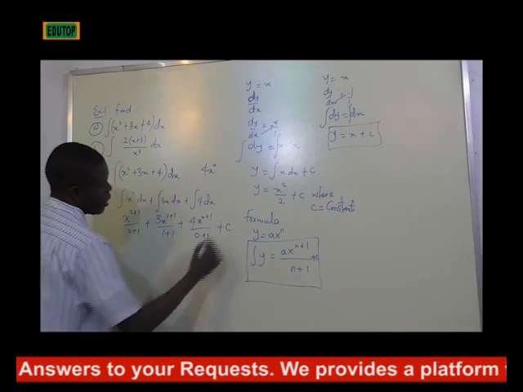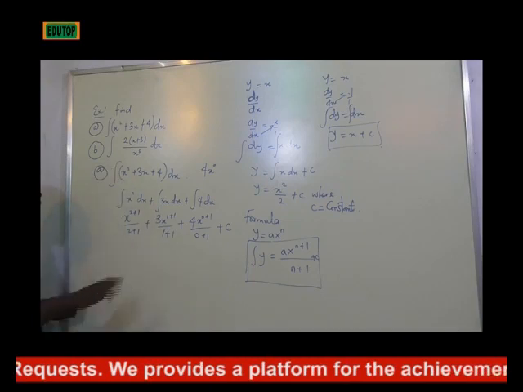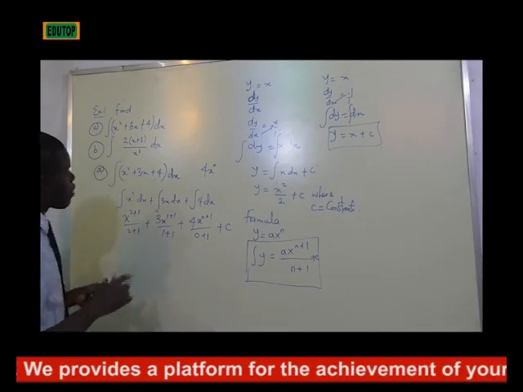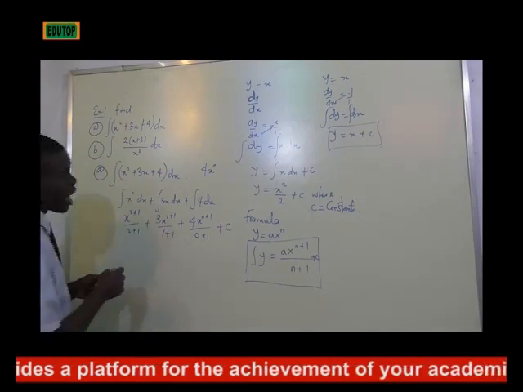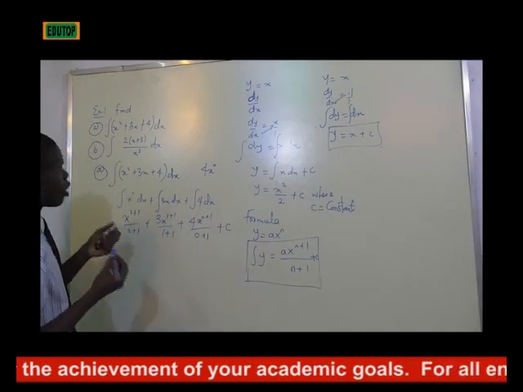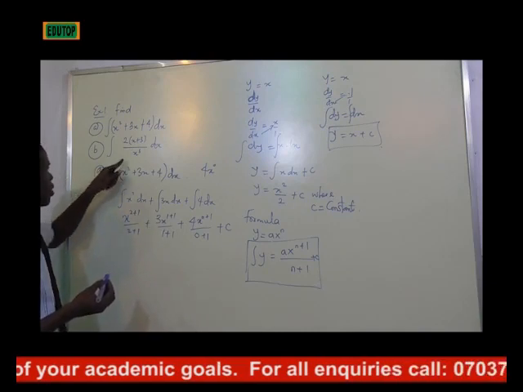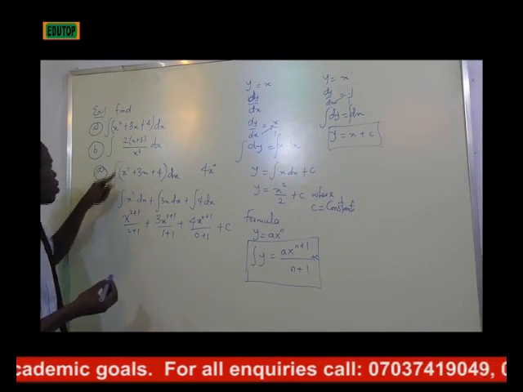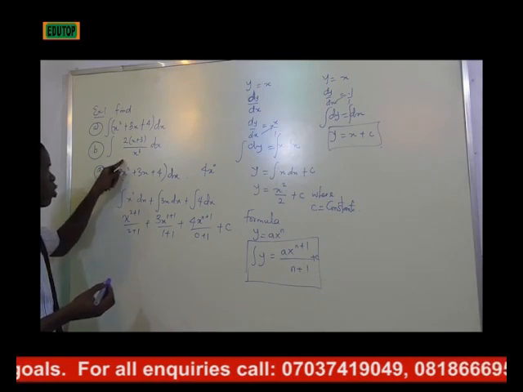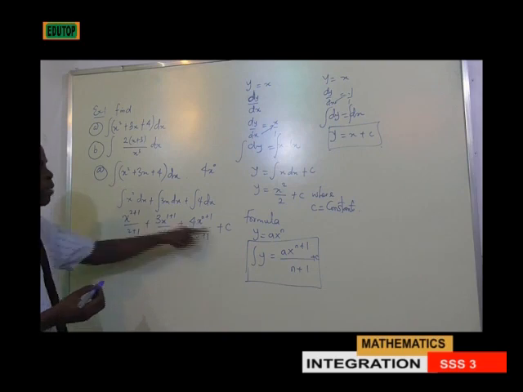And plus c. Why do we need to add plus c at the end? It is because we are dealing with indefinite integral. If you are dealing with indefinite integral, we add plus c. Take note of that. And what do we mean by indefinite integral? That's the integral that does not have the range of values, does not have the upper limit and lower limit. So you add plus c.